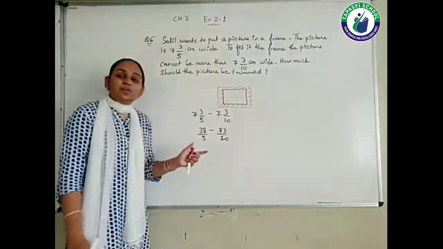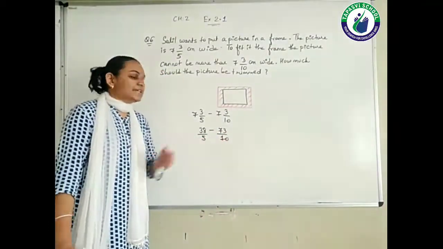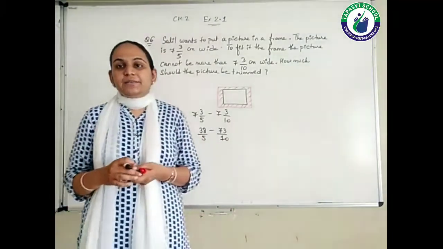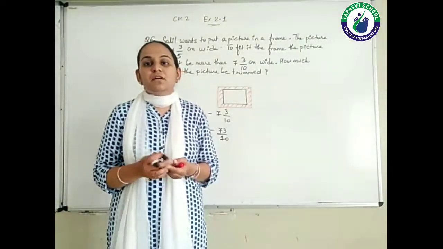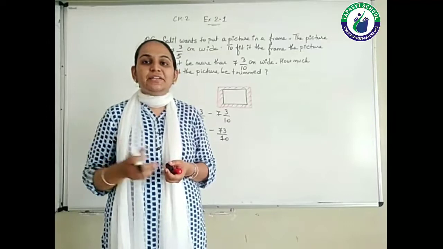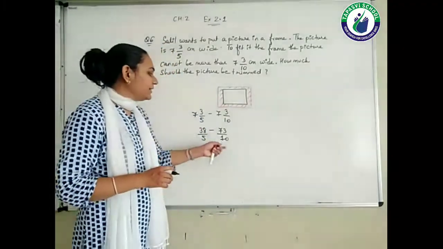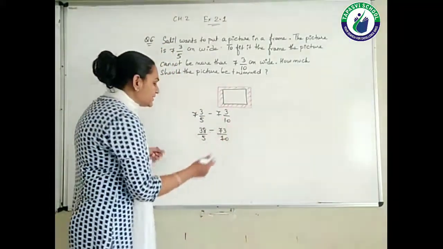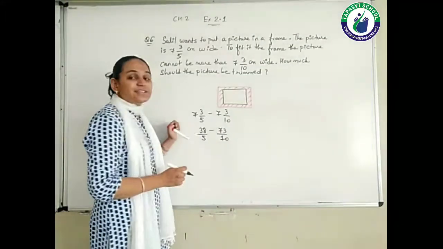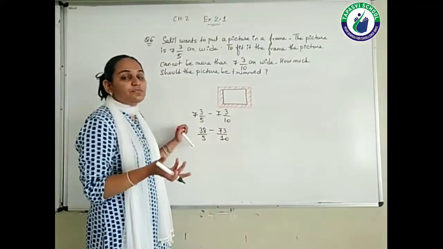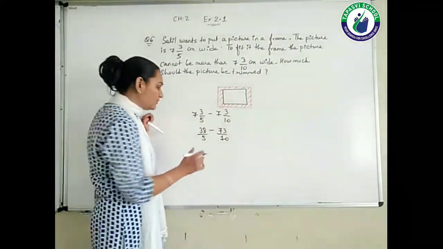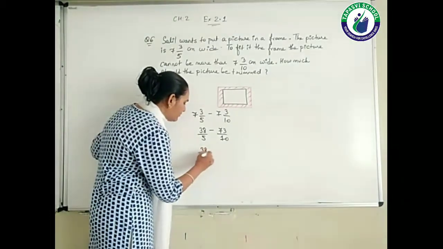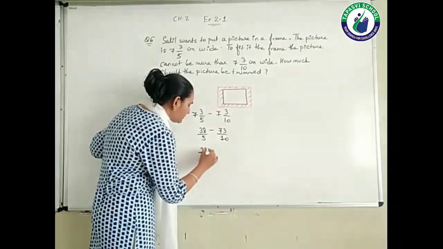Now just have a look here, students. Here it is 5, here it is 10. So I can directly say that the LCM of 5 and 10 will be 10, right? So I need to make this 5 as 10. How can I make 5 as 10? By multiplying with 2. So 38 upon 5 multiplied by 2.